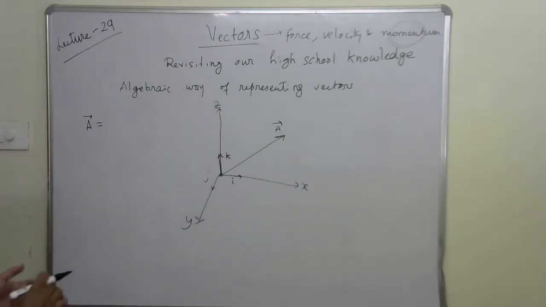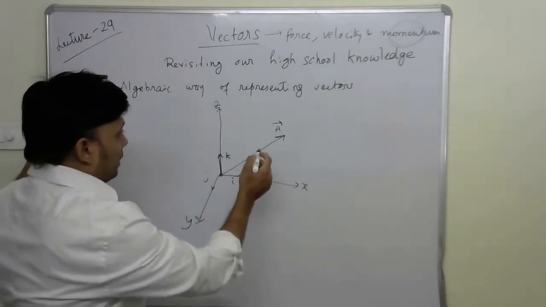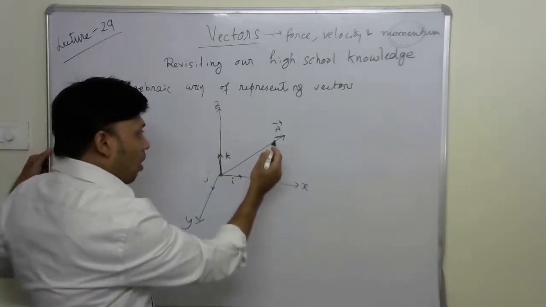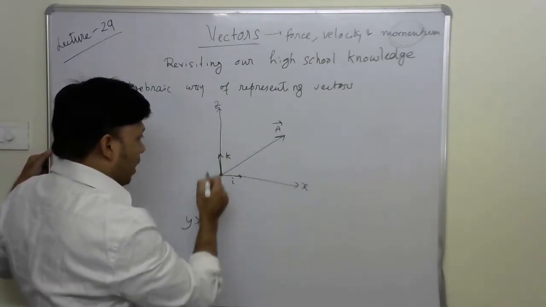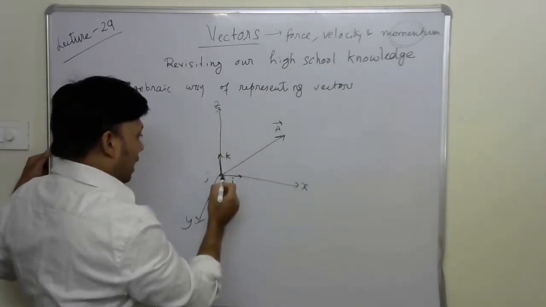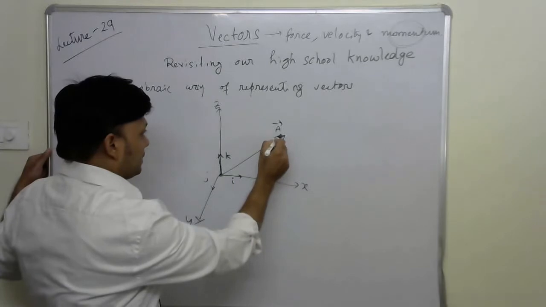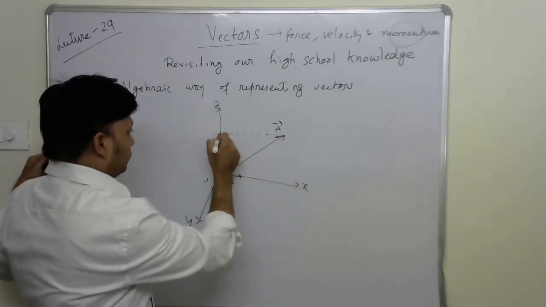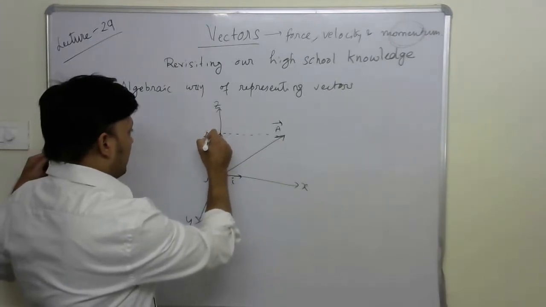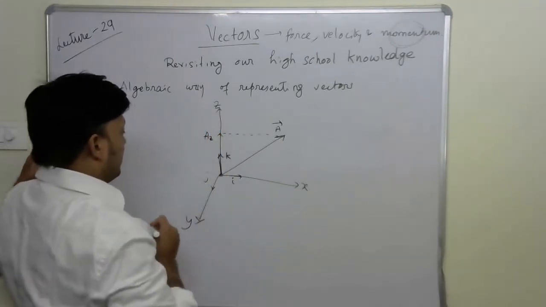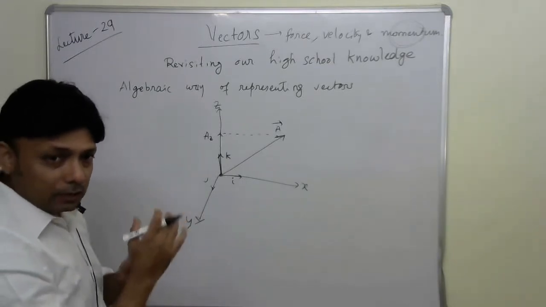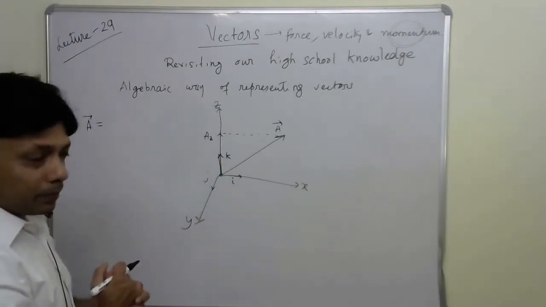Then we consider the components of A along x, y, and z. For example, if we take the component along the z axis, let's think that this is Az. So Az becomes the magnitude of that component along the z direction, and k is the unit vector.